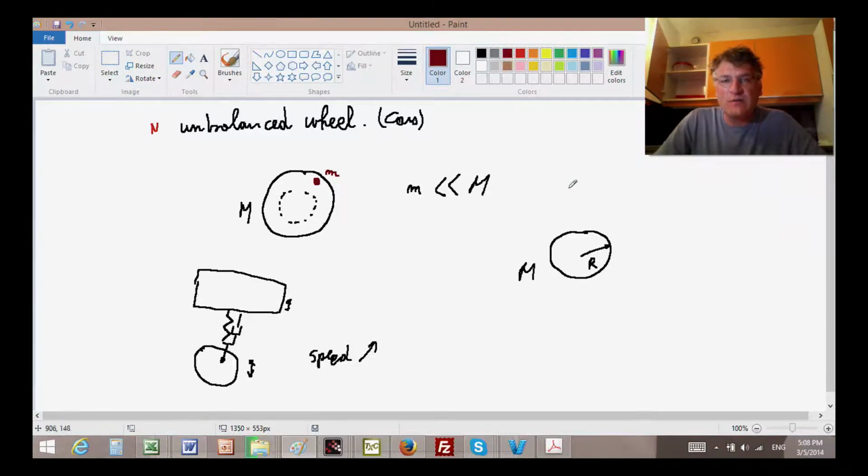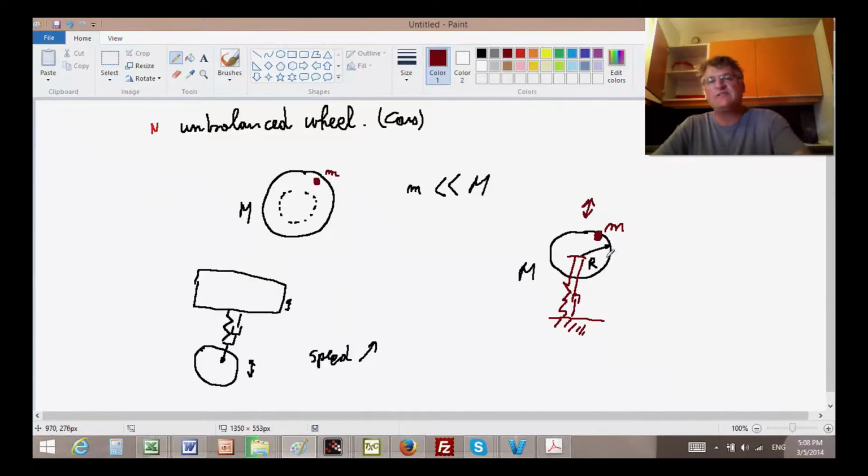We assume the little mass causing the imbalance is on the edge, has small mass m, and the whole thing is mounted on a spring and dashpot system in such a way that the wheel can only move up and down. Okay, so you can look at it as a test bench.